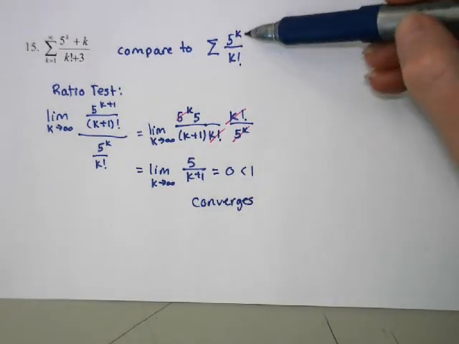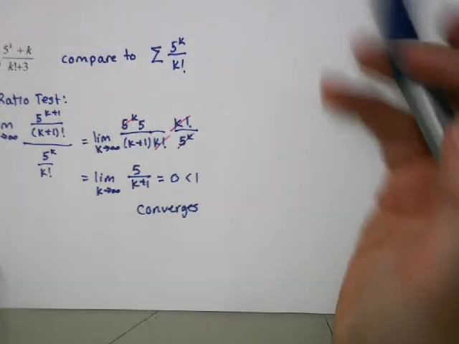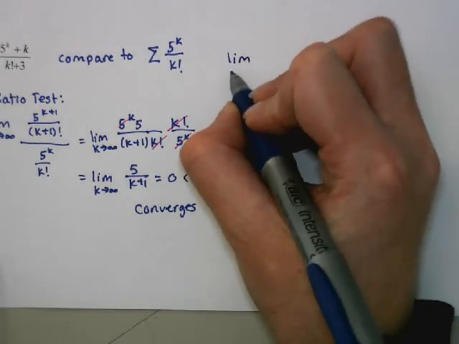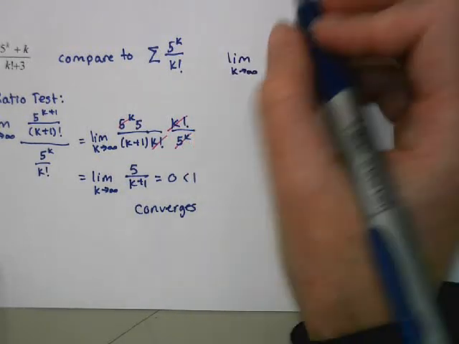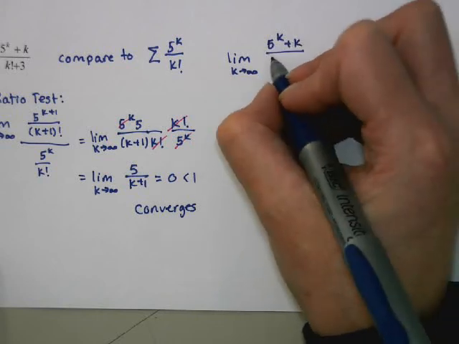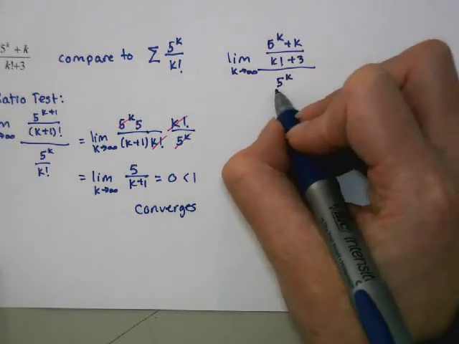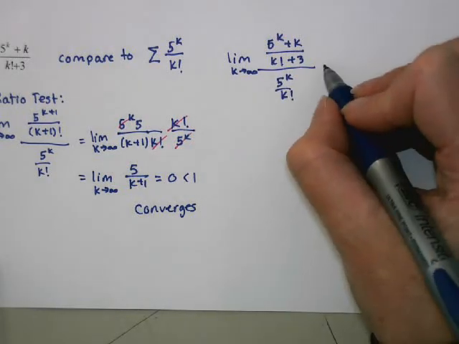And we've talked before about how factorials grow faster than exponentials. So we're going to do the limit as k goes to infinity of 5 to the k plus k over k factorial plus 3 over 5 to the k over k factorial.